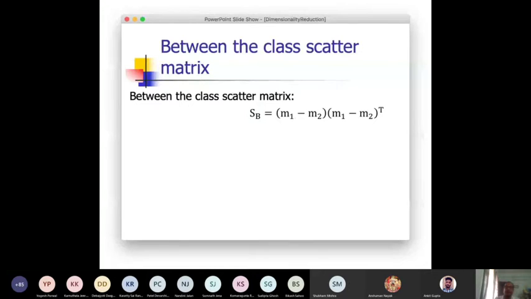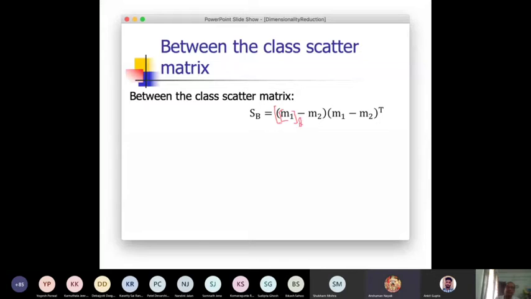What is the dimension of M1 minus M2? What is the dimension of M1? M1 is the mean of the data points for class 1. So what should be its dimension? That will be D cross 1.